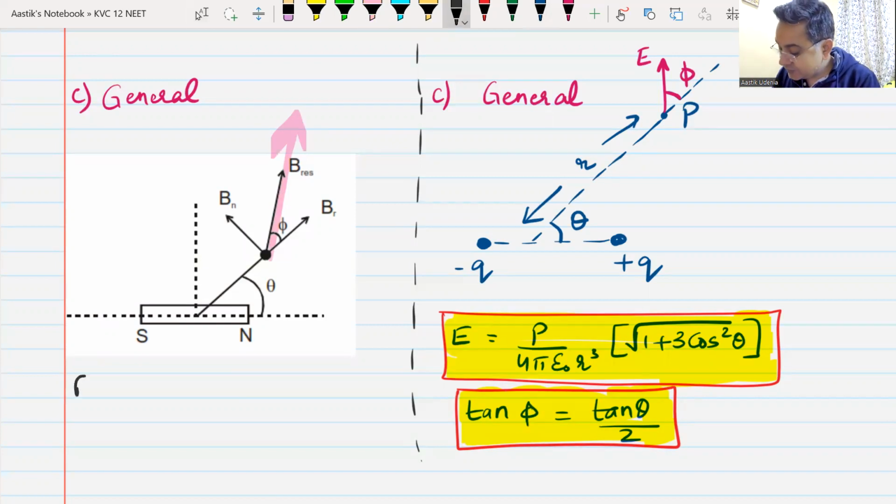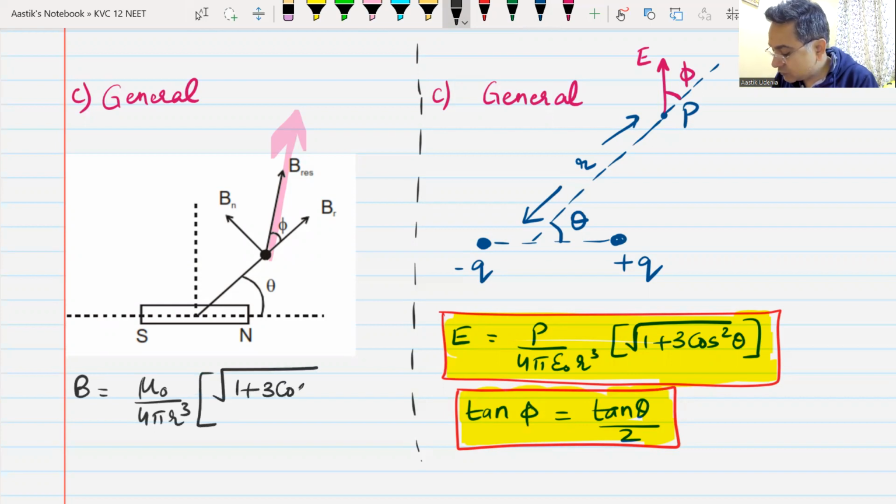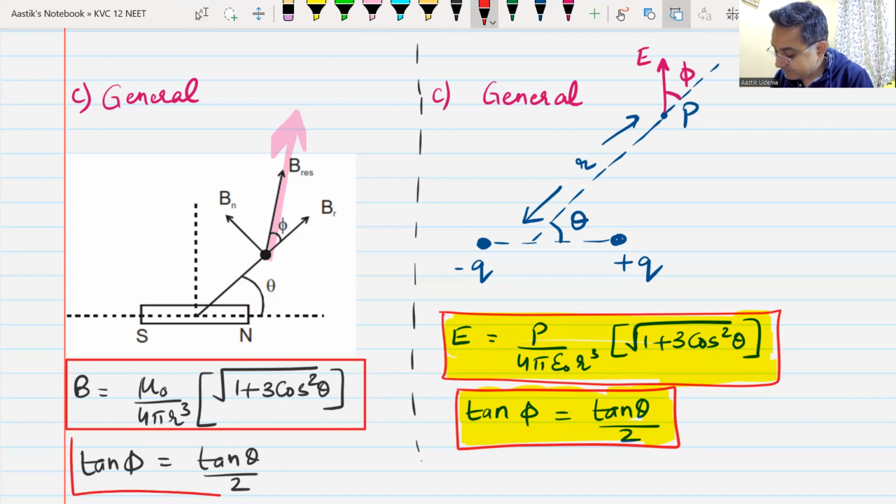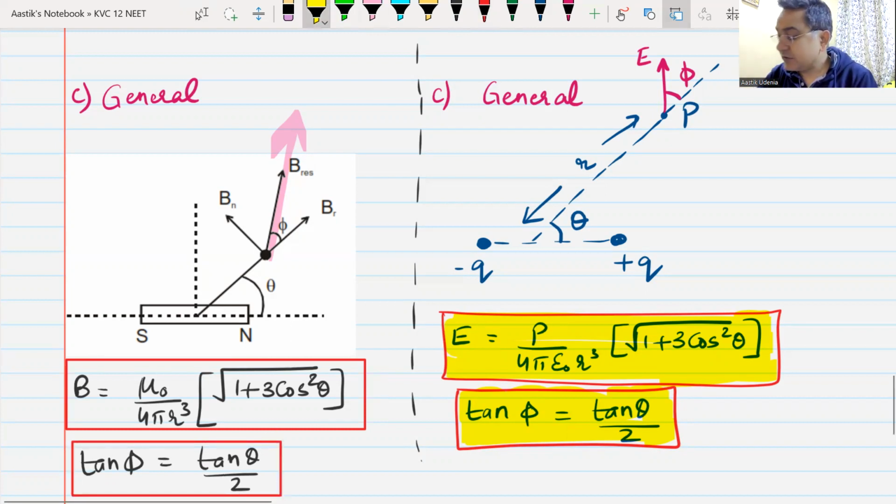The value of this magnetic field B, no prizes, it's the same: mu naught by 4 pi r cube multiplied by root over 1 plus 3 cos square theta. And the value of this tan phi is equal to tan theta by 2. As you can see, there is absolutely no difference between the two. Have we understood this? They're absolutely photocopies, xeroxes of each other. So if you understand one, you understand the other one as well.